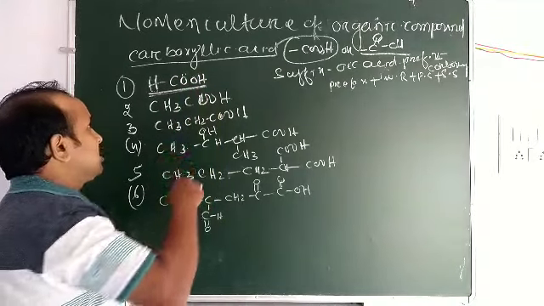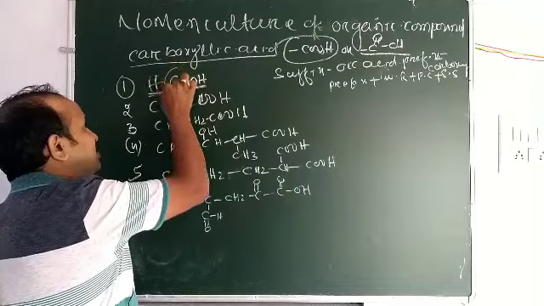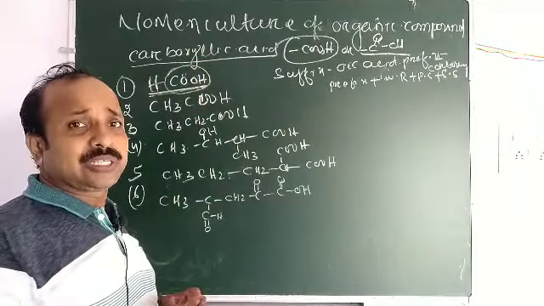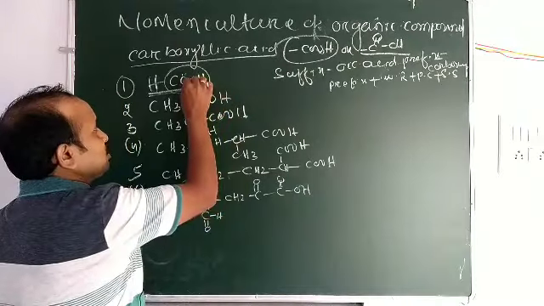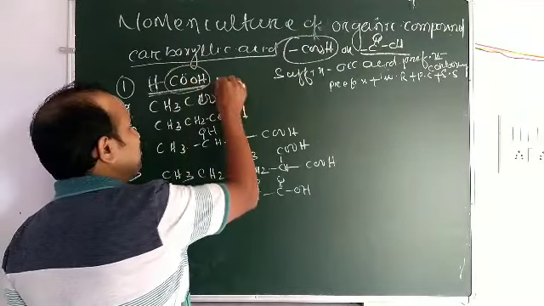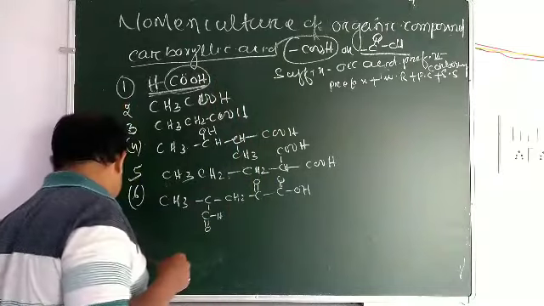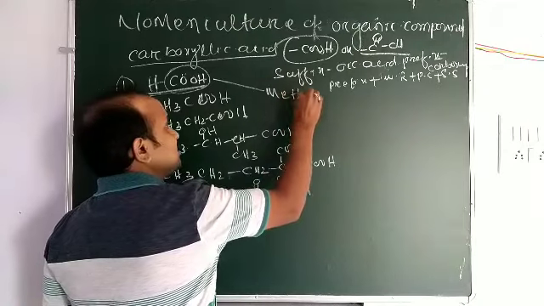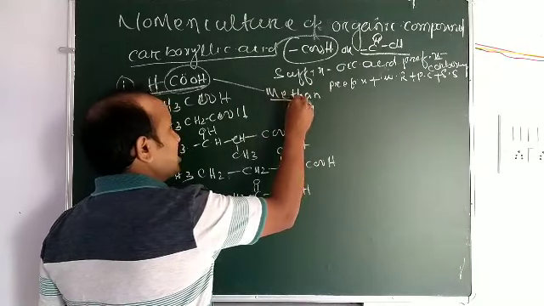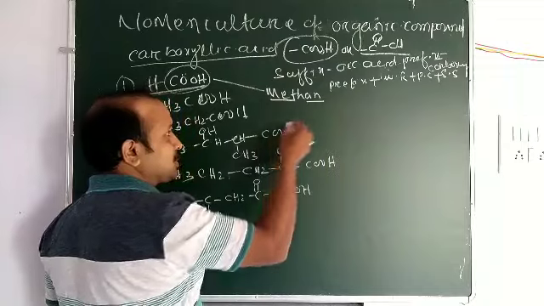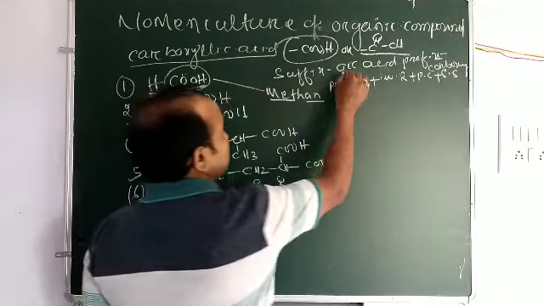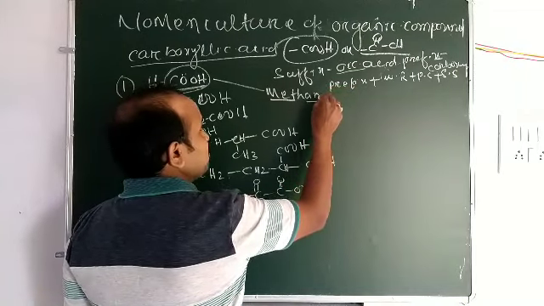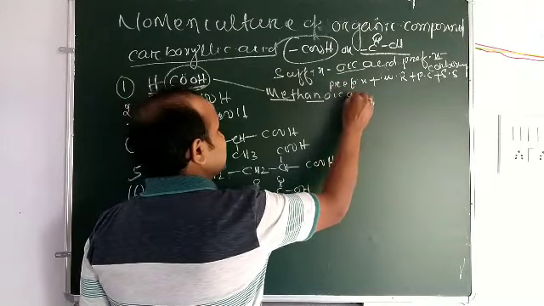So we find out the functional group, which is COOH, and its word root is 1 carbon. So the IUPAC name is methanoic acid. Meth is the word root, AN is the primary suffix ANE, but as the suffix is oic acid, the E should be dropped. That's why methanoic acid.